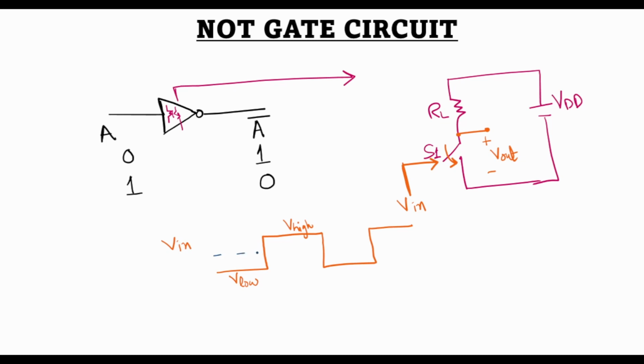In between, let's say in the middle, this level we call a threshold voltage, V threshold. Whenever the input signal is less than this threshold voltage, we encode this signal as a digital 0, and wherever the signal is higher than this threshold voltage, we encode it as a digital 1. This is a very simple encoding.